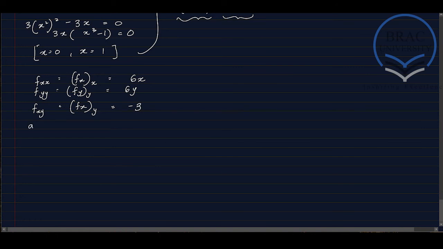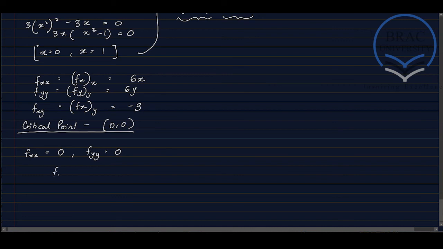Now let's consider the first critical point. So critical point 1, which is (0, 0). At this critical point, we see that fxx is 0, because you put the value of x, which is 0, and you get 0, and fyy is also 0 because you put the value of y, which is 0, and you get 0.